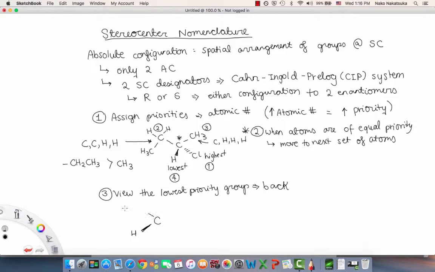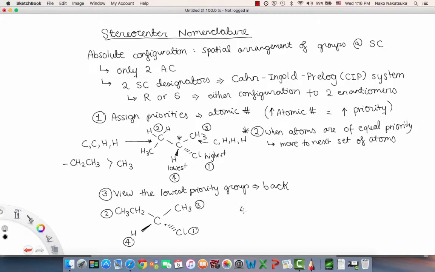And then we have CH2CH3, and then we have the methyl group, and then we have the chlorine. And so now you have to imagine this molecule with the hydrogen in the back. And now let me prioritize them again, 1, 2, 3, and 4.